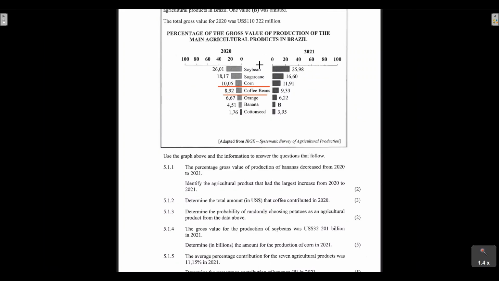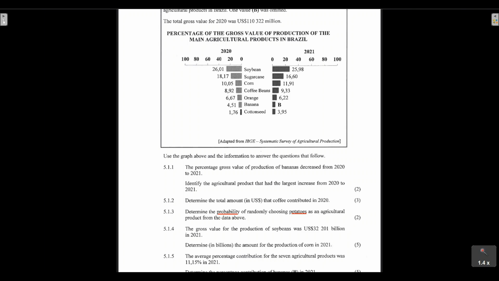Question 5.1.3. It says, determine the probability of randomly choosing potatoes as an agricultural product from the data above. When we're calculating probability, remember, the formula that we use is the outcomes that you want, your favorable outcomes, divided by your total outcomes.